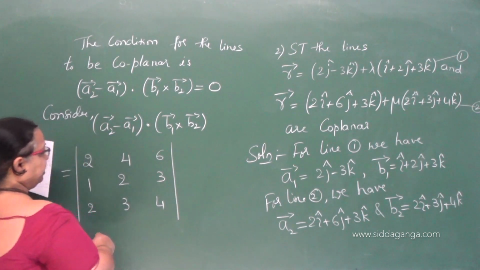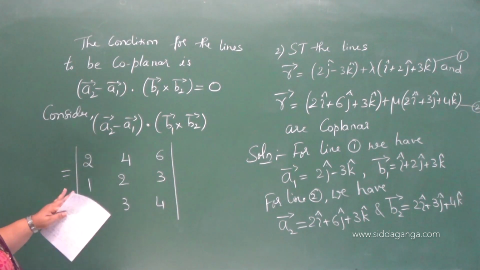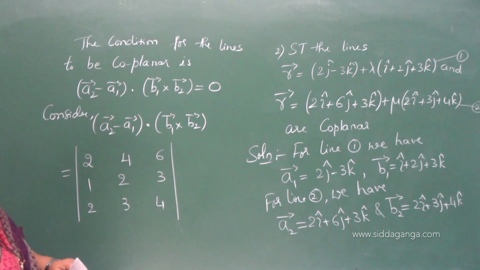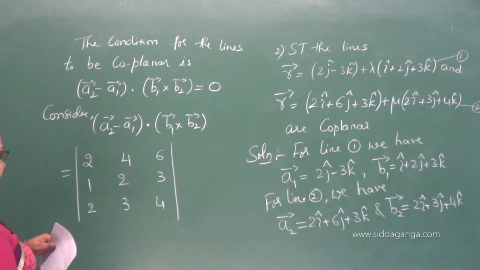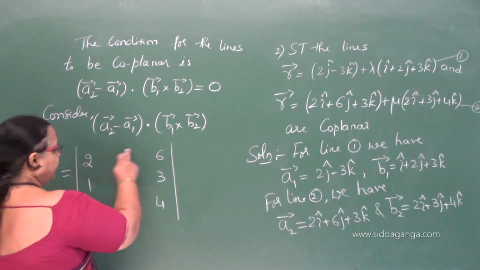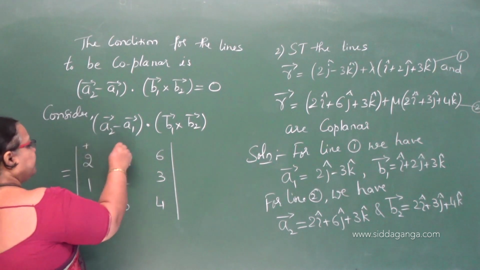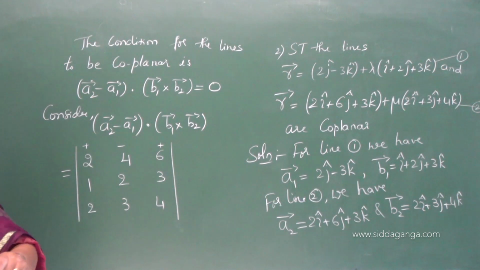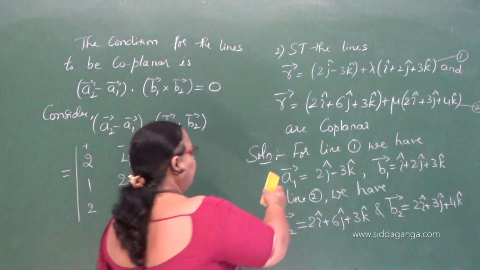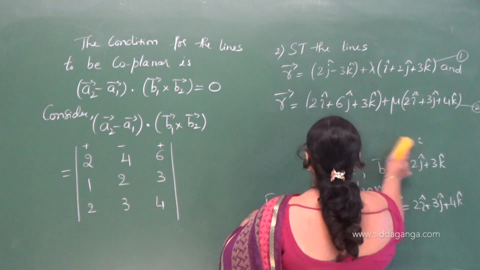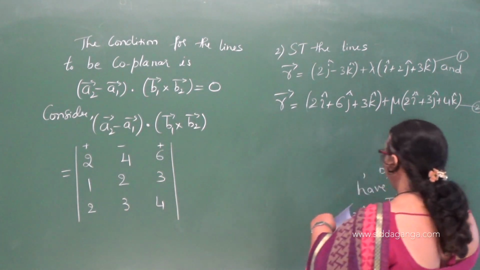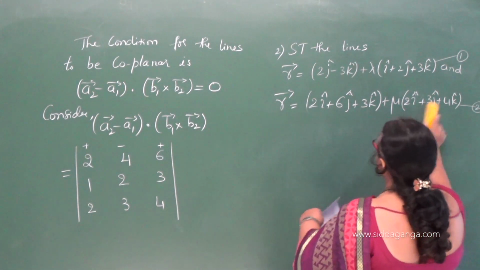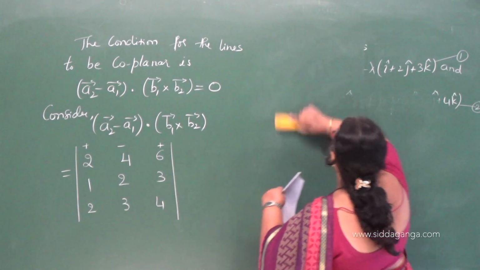We have to prove that the determinant value is equal to 0. We could take 2 common, but since it is simple, do it directly. Now expand along R1.